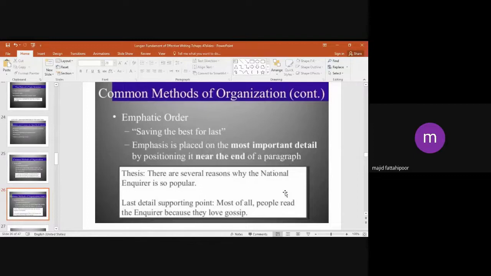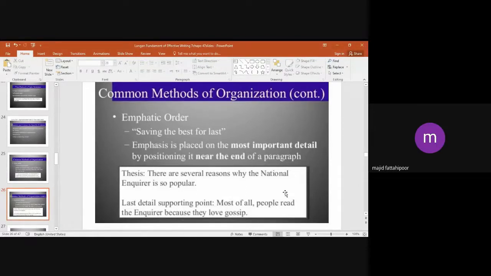Here in this example, you can see that the last detail, which is a supporting point, the most important point, came last by saying that most of all, people read the Inquirer because they love gossip. What is the National Enquirer?